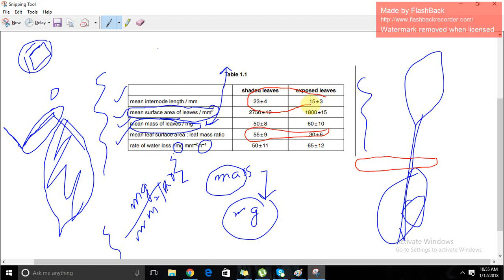It basically compares the mean of two sets of continuous data, this one and this one. It tries to figure out if the difference in the mean is due to some significant difference between the conditions, or is it entirely due to chance, entirely due to natural variation. That is the purpose of a t-test.